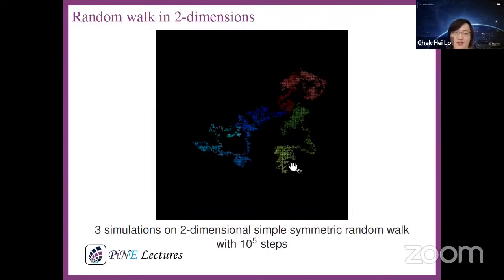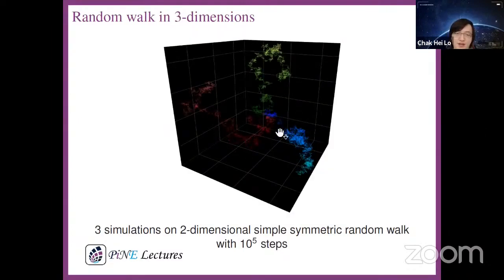The theory tells us that it will come back again and again to any point on the plane, infinitely many times. If it's the 3-dimensional case, then the walk will be transient. Again, these are three simulations of a 3-dimensional simple symmetric walk.